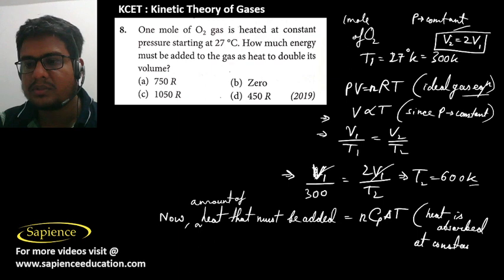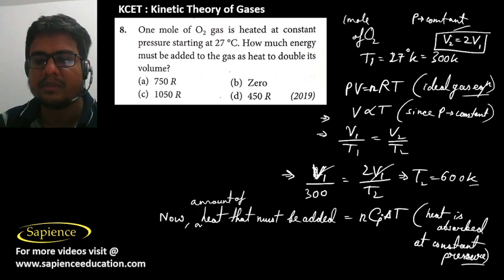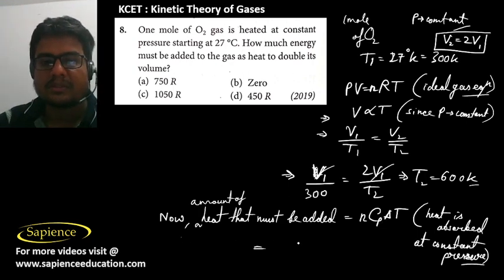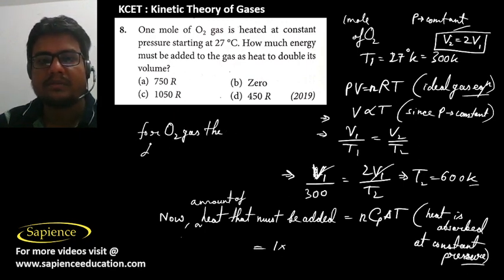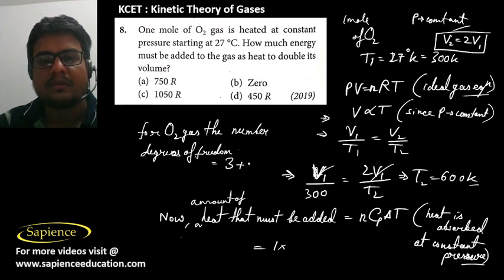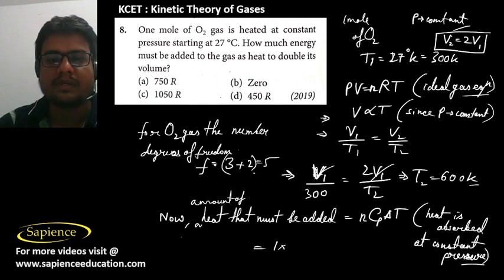At constant pressure the specific heat is given as Cp. It is 1 mole. For oxygen gas the number of degrees of freedom is 3 translational degrees of freedom and 2 rotational degrees of freedom. So F is equal to 5.